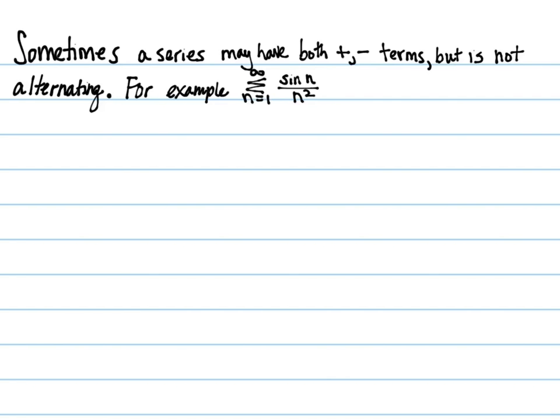It doesn't necessarily do that. It's going to bounce around with positive and negative, sort of irregular listing of numbers. So this actually would look something like what we're talking about. So this has both positive and negative terms, but does not alternate.